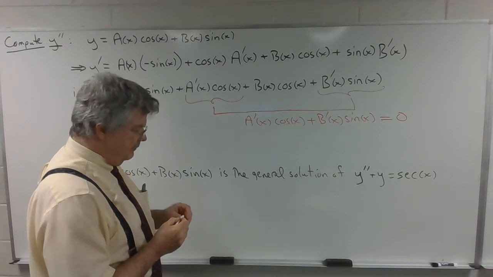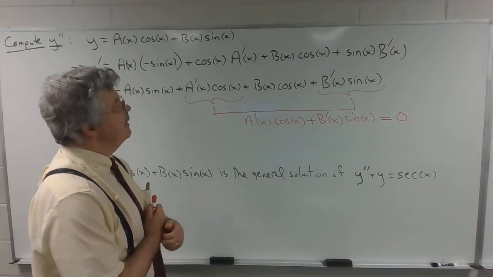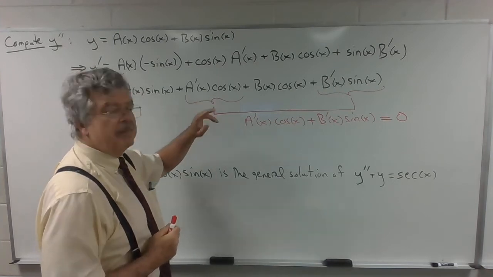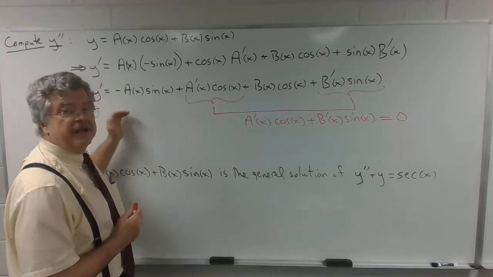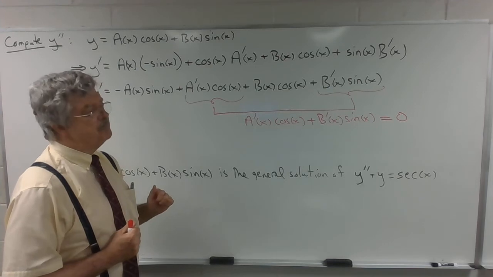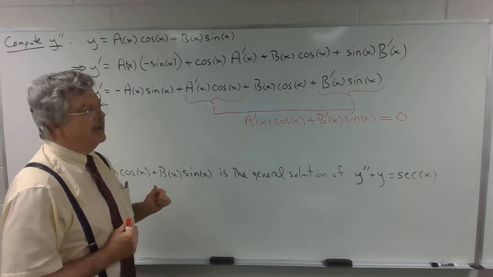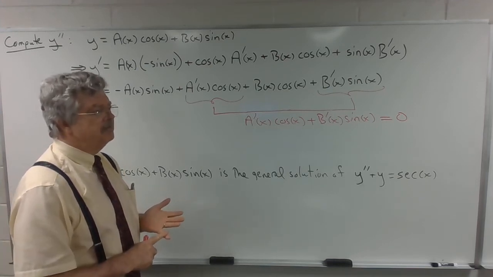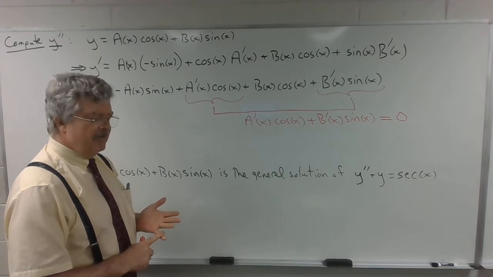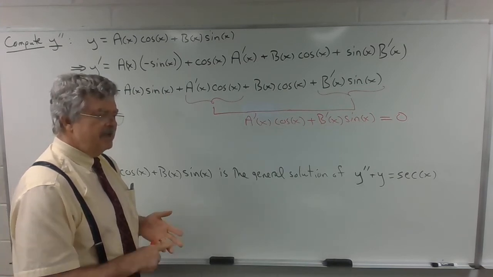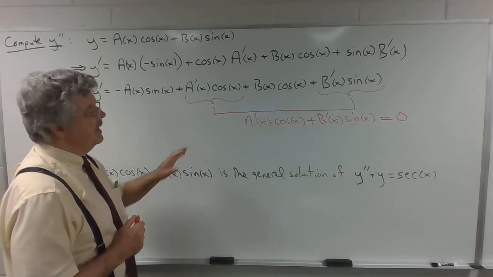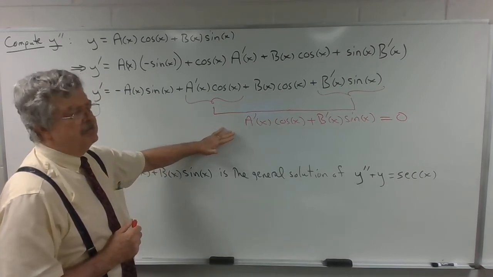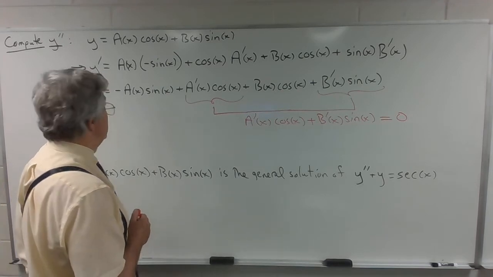Now, the advantage of doing this is that we've just gotten rid of our a primes and our b primes, so that when we compute y double prime, all we're going to have are a of x's, a prime of x's, b of x's, b prime of x's. We're not going to have any a double primes or b double primes to worry about.